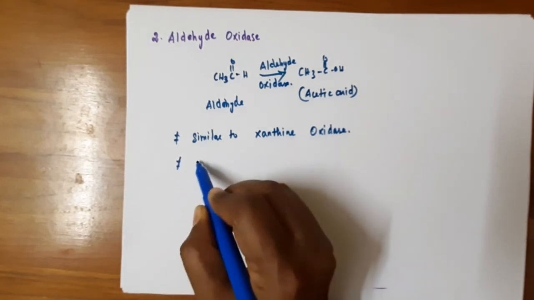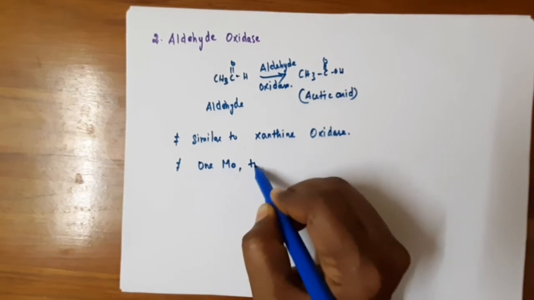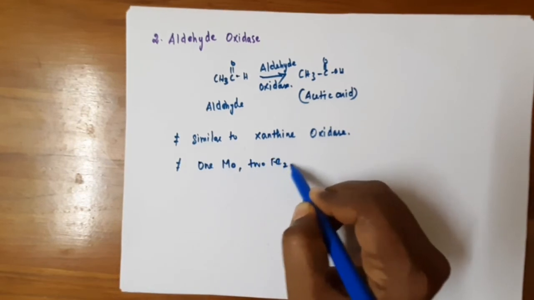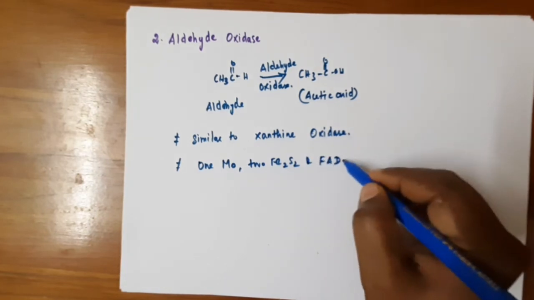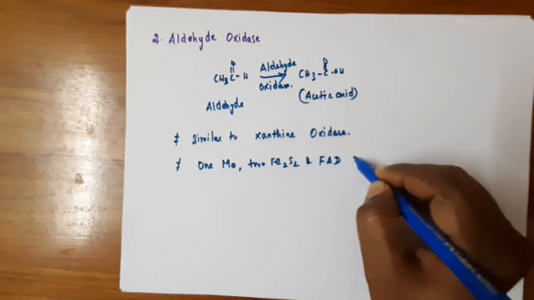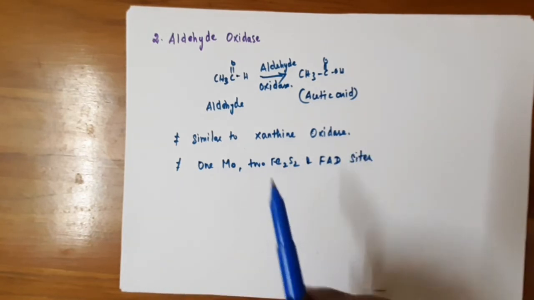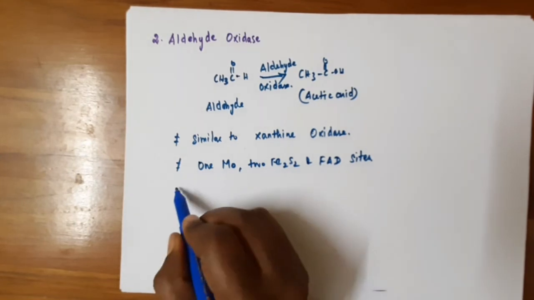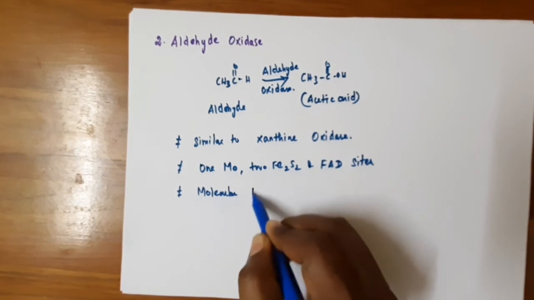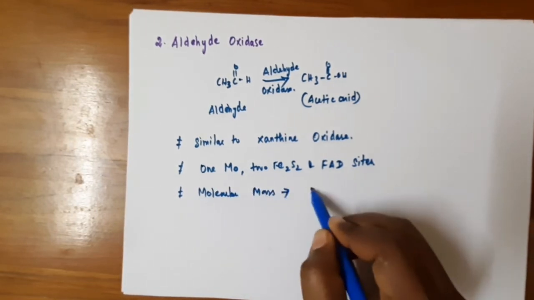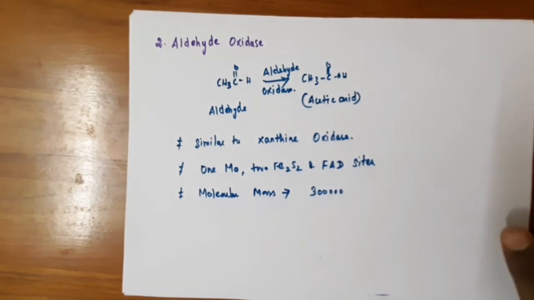Similar to xanthine oxidase, it has one molybdenum unit and two Fe2S2 subunits and is connected with flavin adenine dinucleotide. Okay. So these are all present in the aldehyde oxidase enzyme. The molecular mass of the aldehyde oxidase enzyme is around 3 lakhs. Okay.